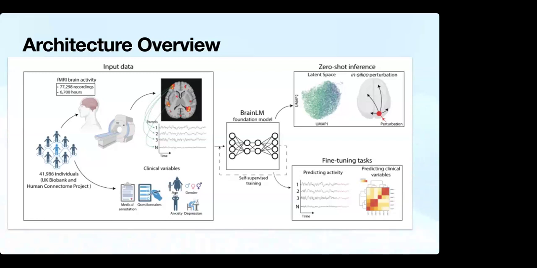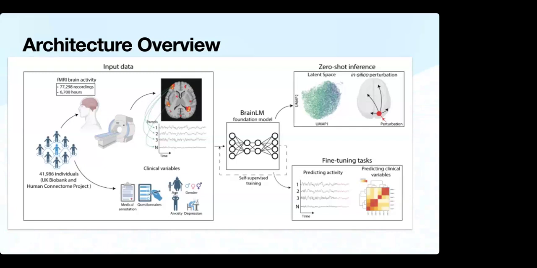And these time courses are then patchified, kind of like how the masked autoencoder would operate on images. And I'll explain a little bit more of how that works in future slides. But yeah, so these time series are divided into different patches. And a portion of these patches are provided to their model as input.